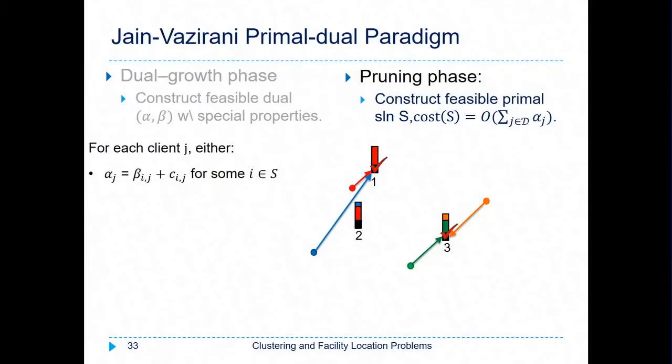So for each client, we can say one of the 2 following things. Either the alpha j of the client can pay for the contribution toward opening facility I plus the connection cost of the client to that facility.